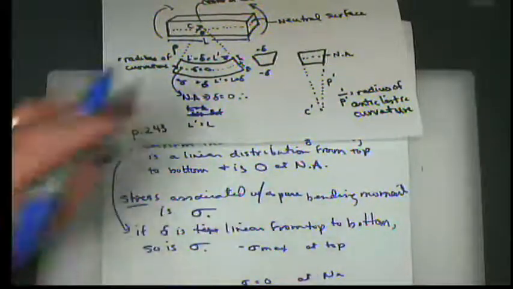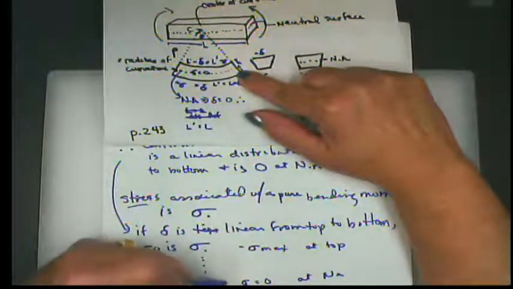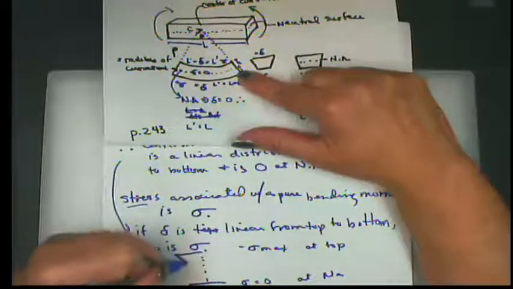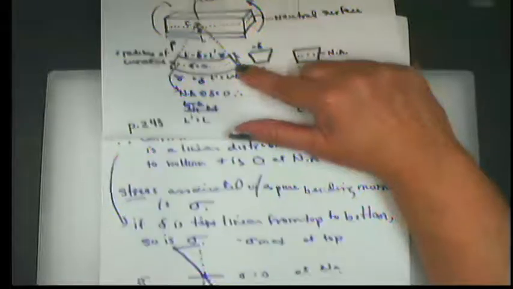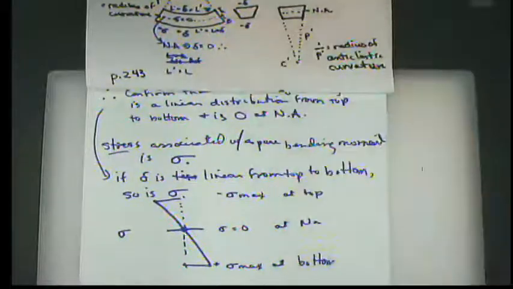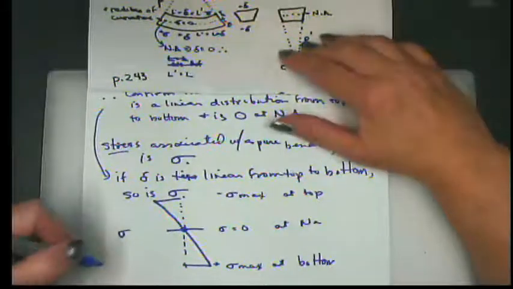So if we take this same beam and we construct an axis of sigma, we'll have a maximum negative going to 0 at the neutral axis to a maximum positive at the bottom. So both of those are linear distributions from top to bottom, and they are proportional to each other as well.